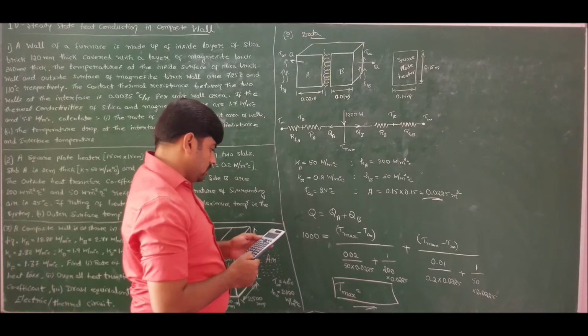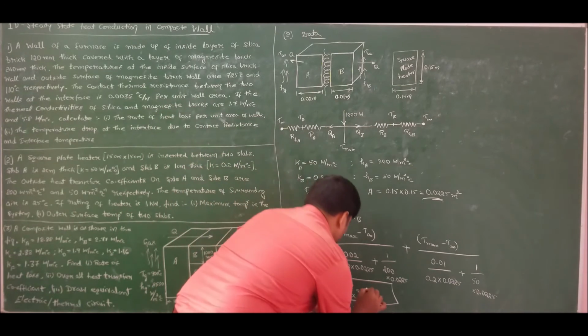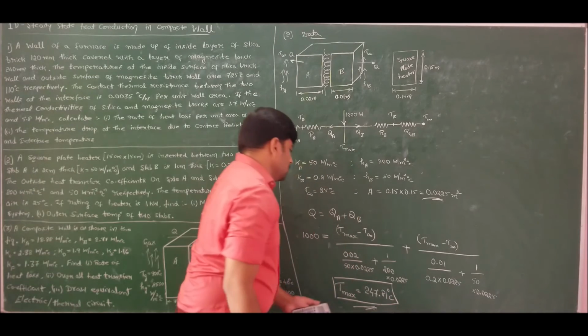If I solve, I will get the answer for T max as 247.81 degrees Celsius. So this is the maximum temperature at the heater.